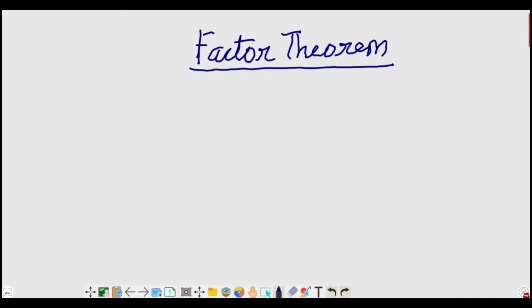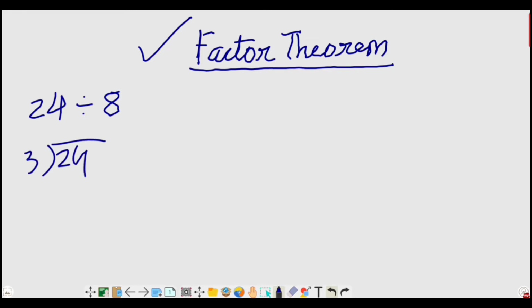Students, till now whatever sums we have solved were based on the remainder theorem. Now let's discuss the factor theorem. For example, if I divide 24 by 8, in simple division, 8 threes are 24.